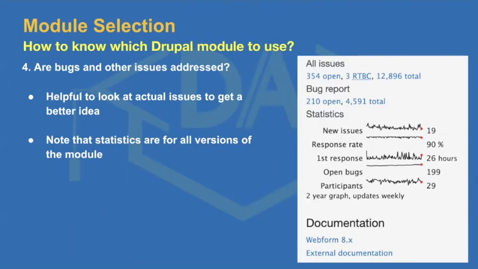I'm looking at this bug report of the web form module, and I see 210 open bugs, which initially might give me pause because that seems like a lot of bugs.